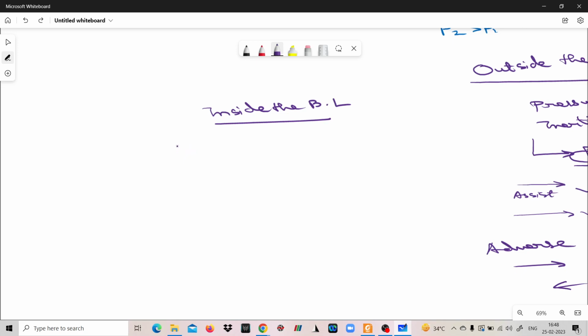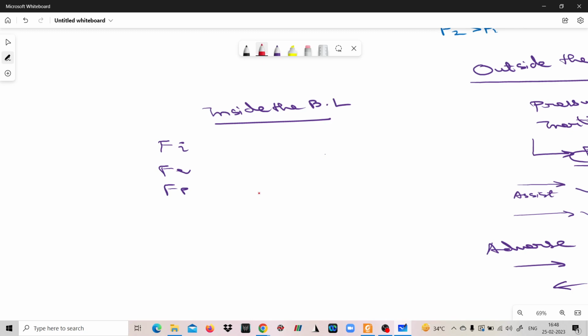Let us first list the forces: inertial force Fi, viscous force Fv, and pressure force Fp. Case 1, when pressure gradient is favorable, that is del p by del x is less than 0.